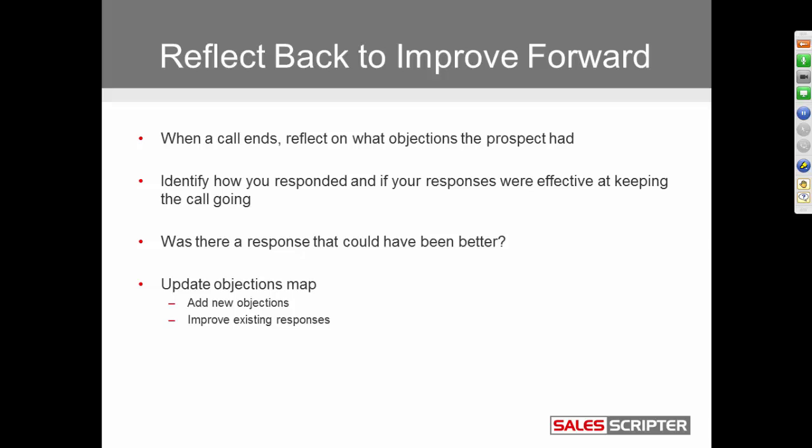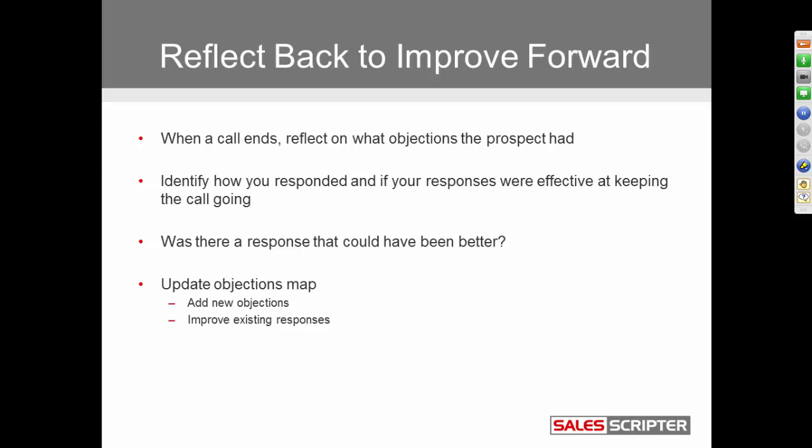A couple things here. Was the objection something that I should have been prepared for? Was it on the objections map? Did I respond the way that I thought I should have? And if you didn't, think about, if I would have responded with the planned response, could I have ended up at a different place?